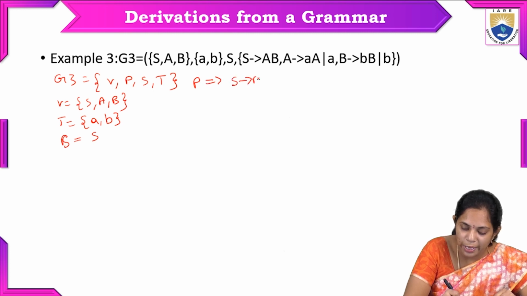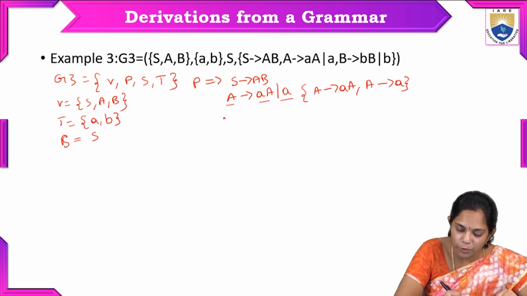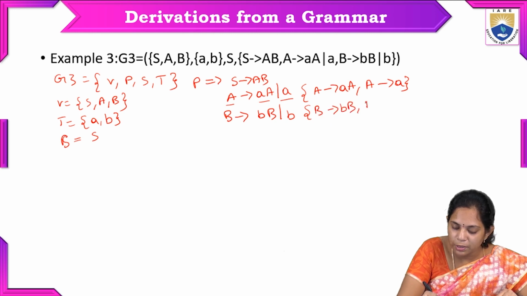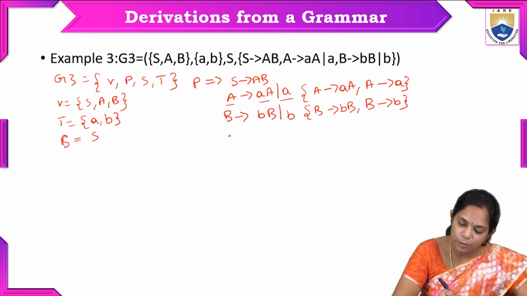S tends to AB, A tends to capital A, and slash A. So for the same non-terminal symbol, we have two productions. We can divide this into A tends to A, A tends to A, and one more production, B tends to B, and we divide this into B tends to B, B tends to B. These are the production rules.